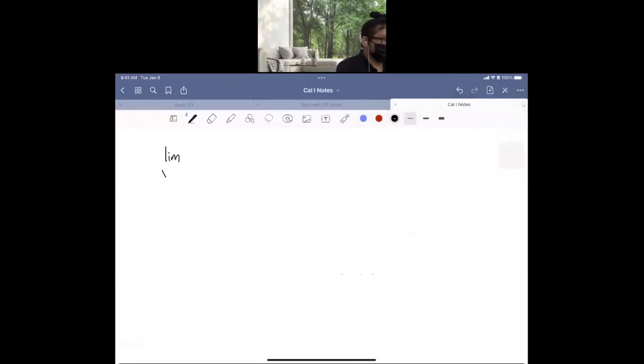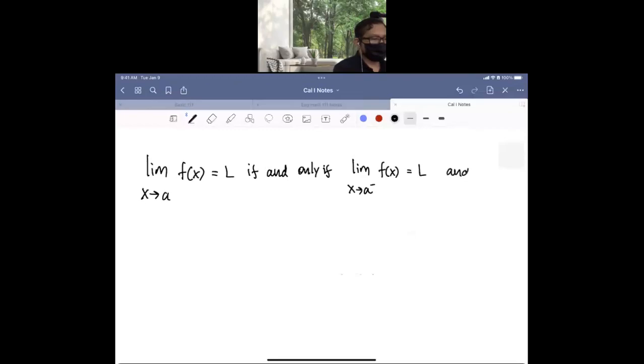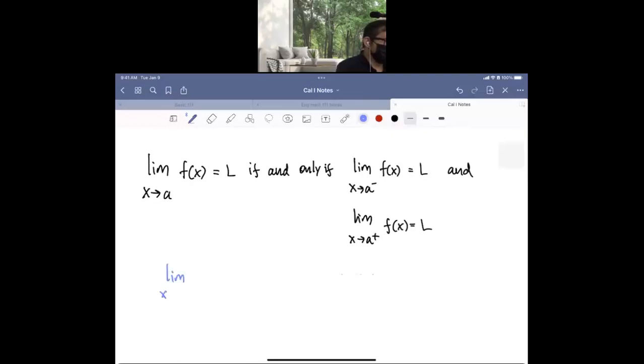So the limit as x approaches a of the function of x will be equal to L if and only if the limit from the left is equal to L and the limit from the right is also equal to L. Or if you want to write it in a more general way, this should be equal to this.